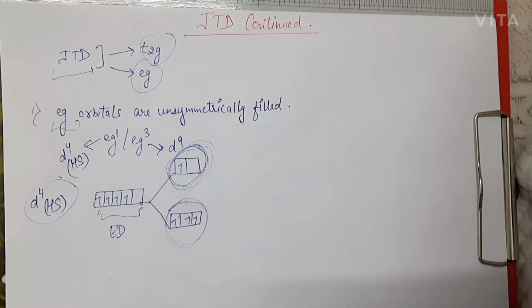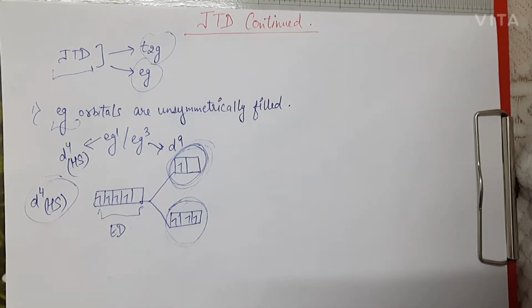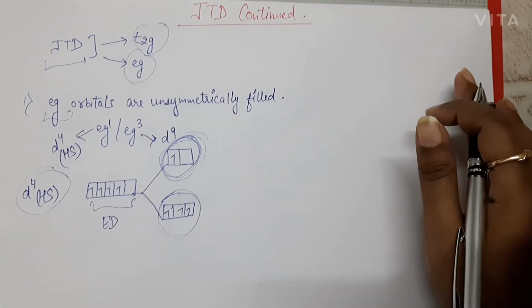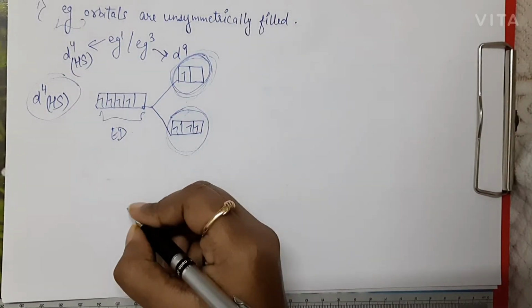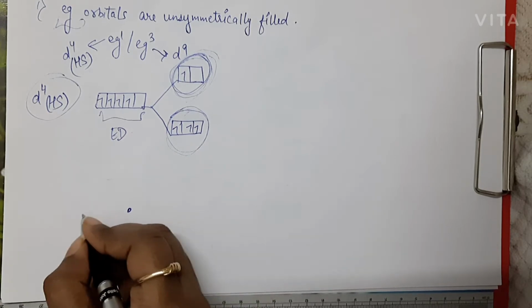Before that, we have to observe the complex, and in the complex we have to observe the orbitals, the orientation of orbitals, and from where the ligands are approaching. So suppose we are having a metal here, right? I am designating 3 directions.